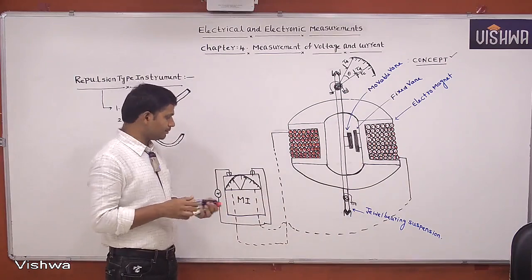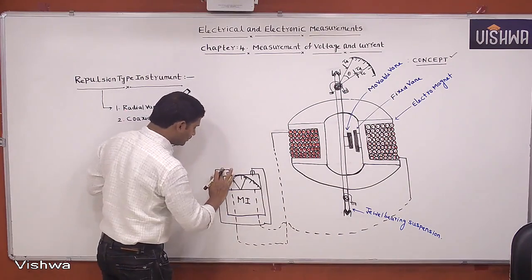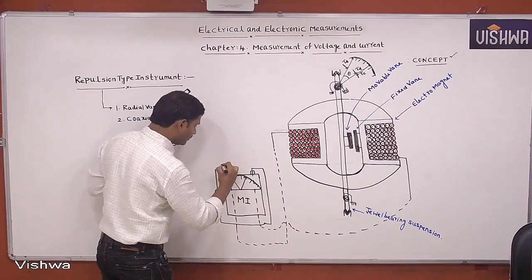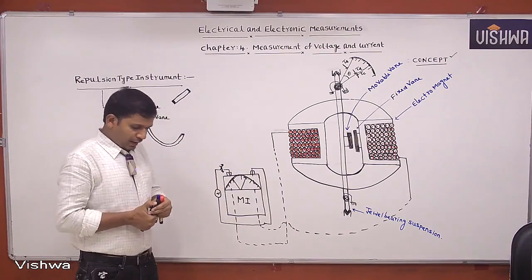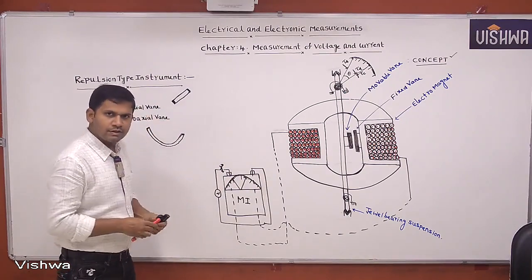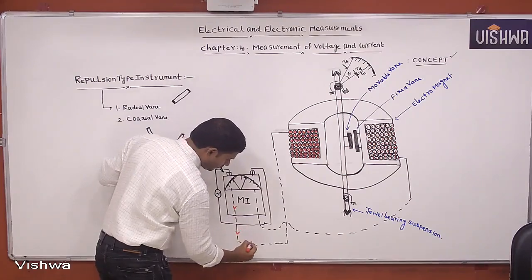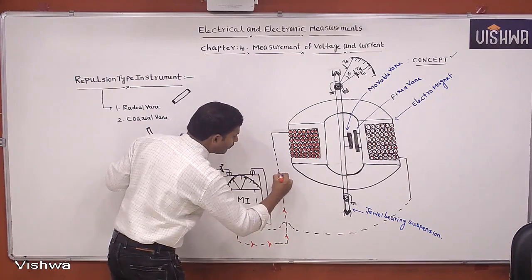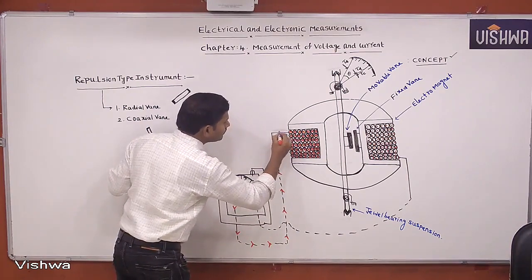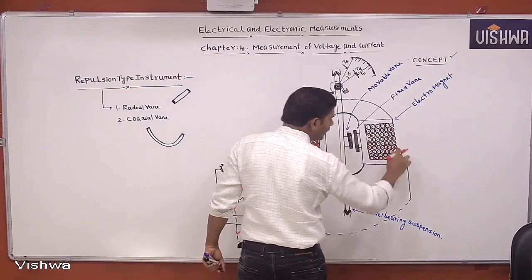Whenever the supply is switched on, current flows like this. This is the direction of flow of current, entering and leaving.